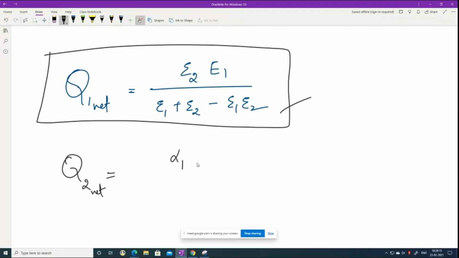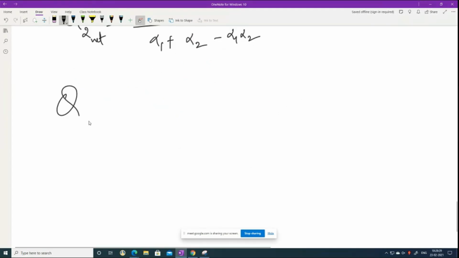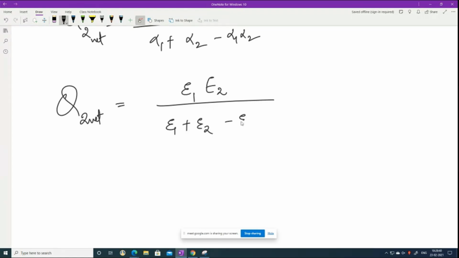Here alpha 1 you will get and then E2 in the numerator, and the denominator remains the same: alpha 1 plus alpha 2 minus alpha 1 alpha 2. Q2 net we can also write in terms of epsilon 1 into E2 by (epsilon 1 plus epsilon 2 minus epsilon 1 into epsilon 2). So this is a simple expression for finding the radiation heat exchange between the two bodies.